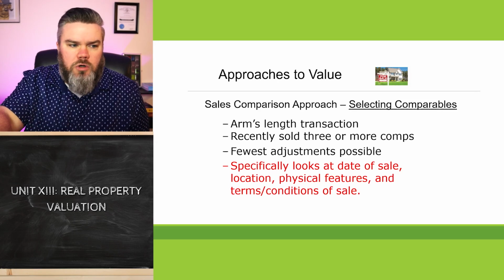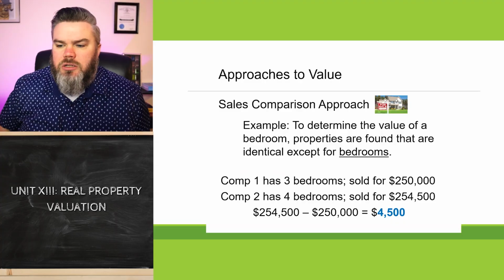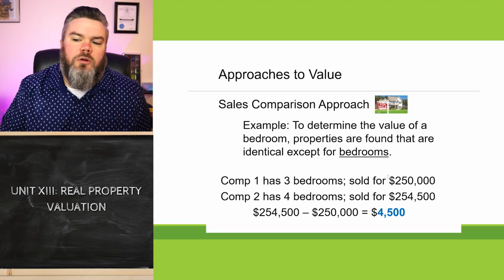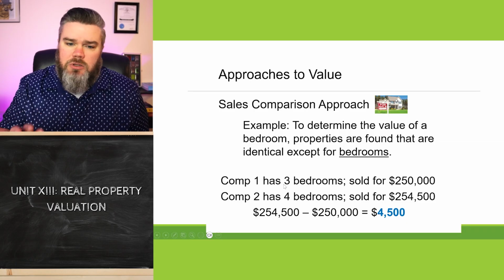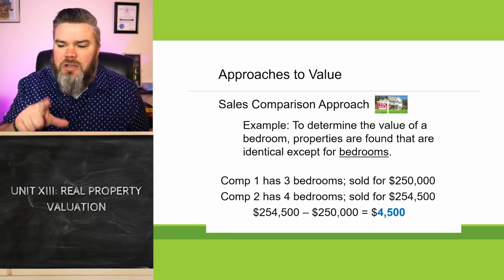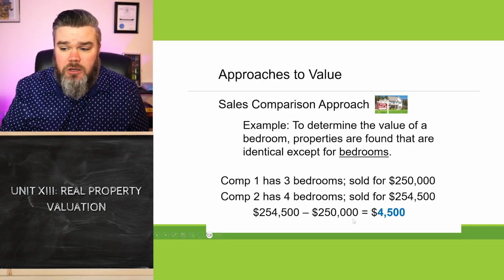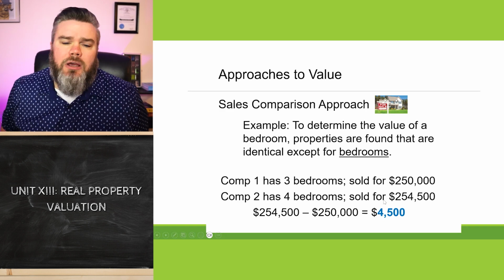If you were to look at 2 different comparable properties that sold in a given market, and let's just say that no matter how many features it had, all the features were the exact same except for one. So in this example, you got a 3-bedroom that sold for $250, and you got a 4-bedroom that sold for $254,500 in the same market.